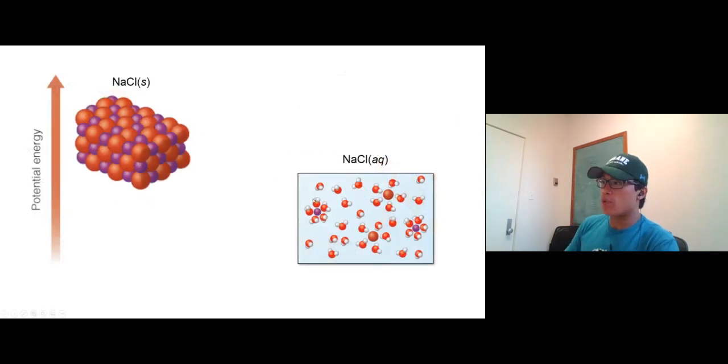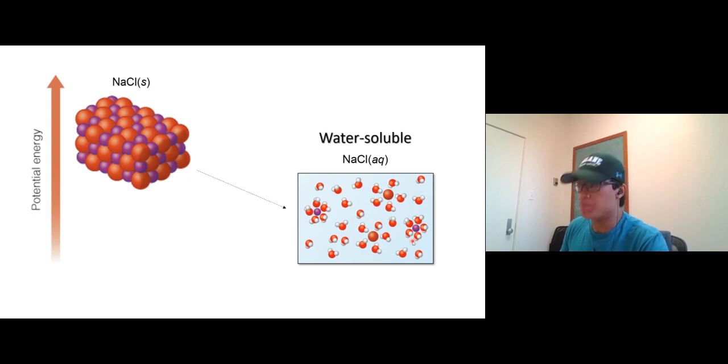To summarize, sodium chloride in water has two options. One, let water stabilize it. Look at the potential energy here on this chart. If the stabilization by water makes the ions more stable, sodium chloride will become water soluble.